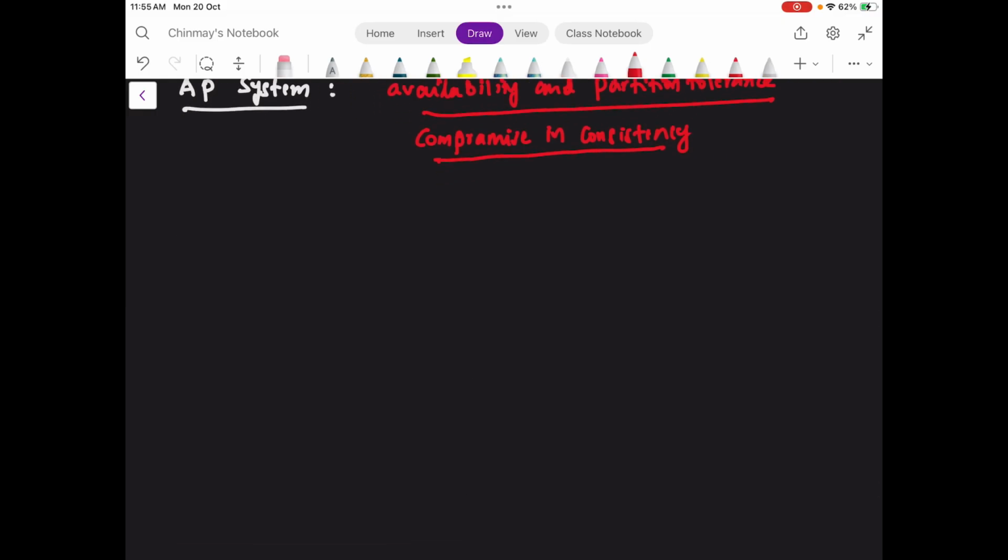What is an AP system? An example is Cassandra, with quorum level one.